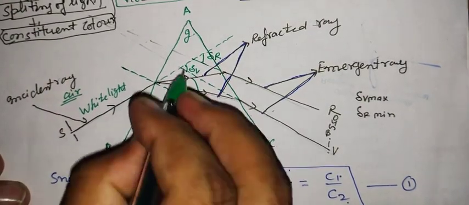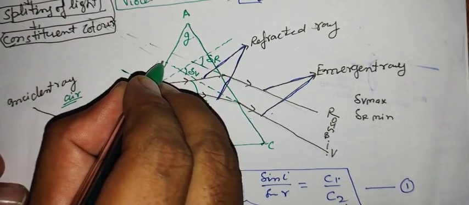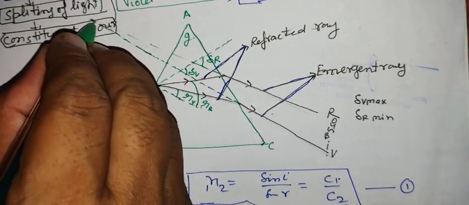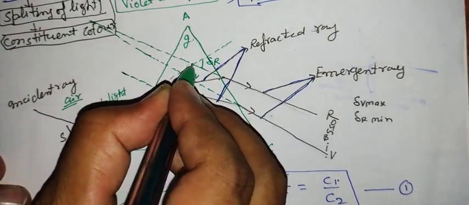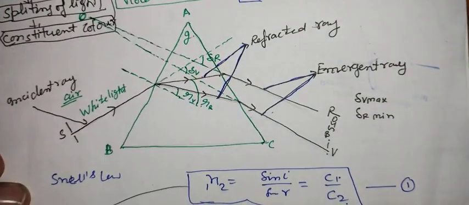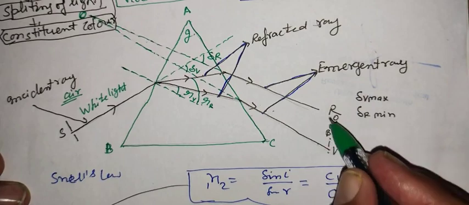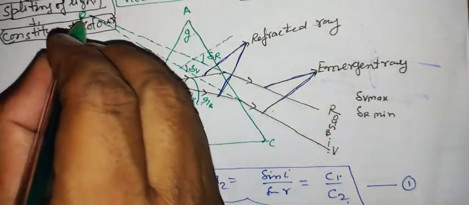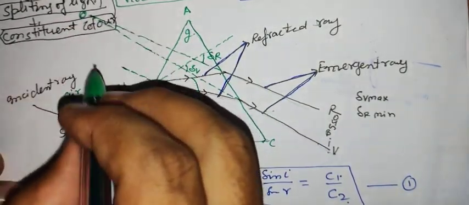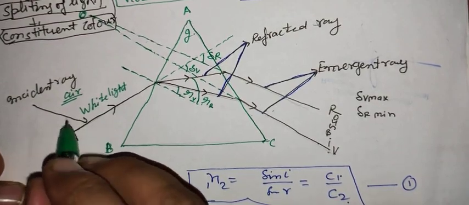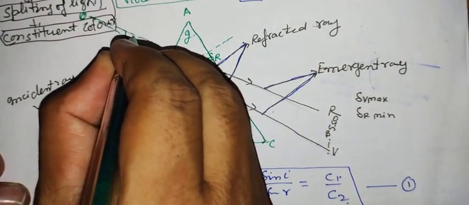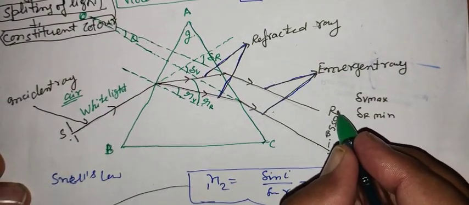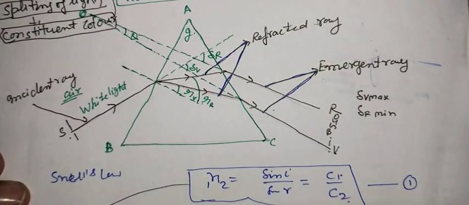One more important thing, when we extend backward here, then they seem to meet at a common point too. So the emergent rays, violet and red, seem to come from point O. The source seems to be here. This is known as angular dispersion between violet color and red color, theta.